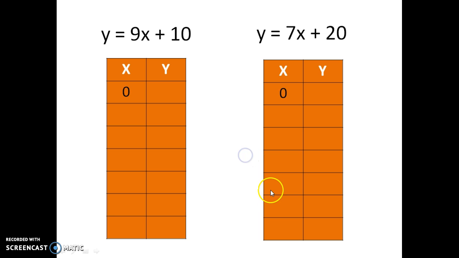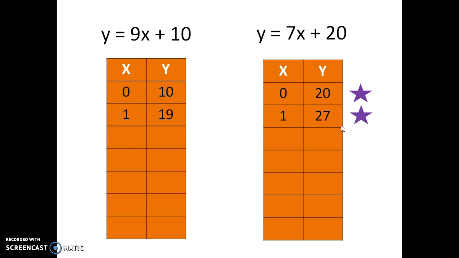If we choose 0 hours and substitute 0 in for x in both of these, because that's our input, we get an output for the first equation of 10 and the second equation of 20. So the second equation is better. If we have an input of 1, we get outputs of 19 and 27.